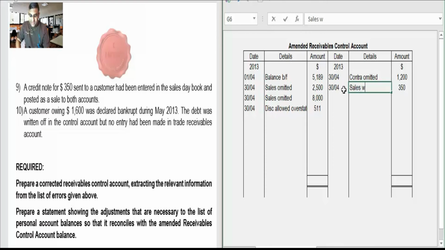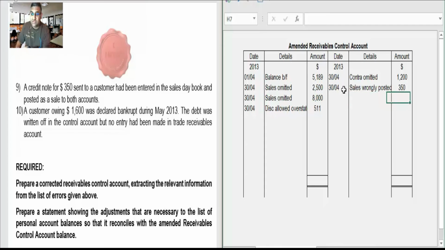This is sales wrongly posted. But now, we know that this transaction represents a sales return. So we now have to correctly post the sales returns to the amended receivables control account.